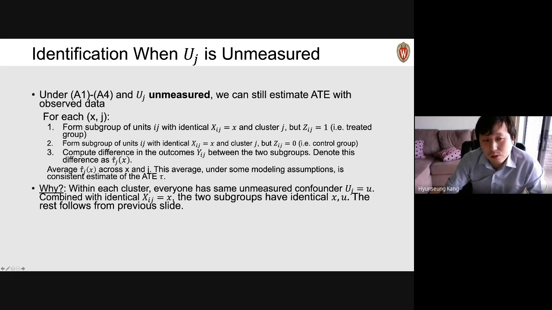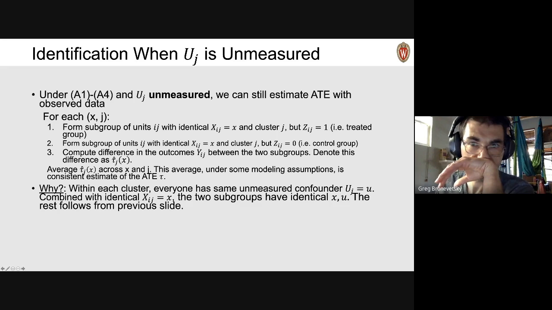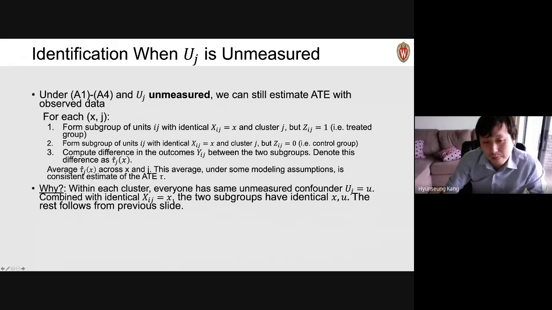As such, when you go through the cluster indexes, everyone in clusters 1 and 2 is going to have the same unmeasured confounder, even if you don't know what that unmeasured confounder is. And then what it boils down to is the previous slide, where you compare between the same X and U's, to identify and estimate the treatment effect, even if U_j is unmeasured.